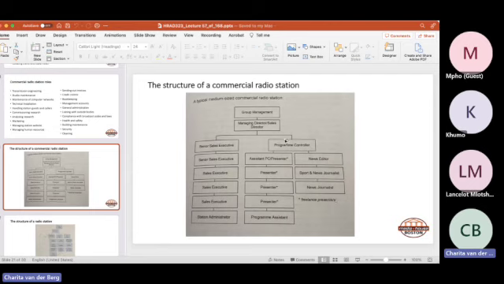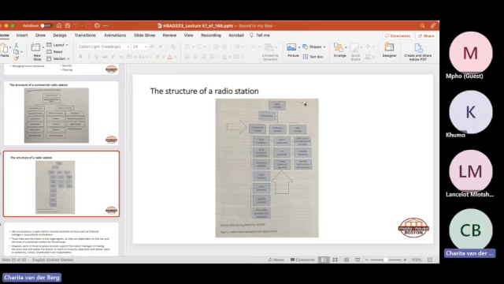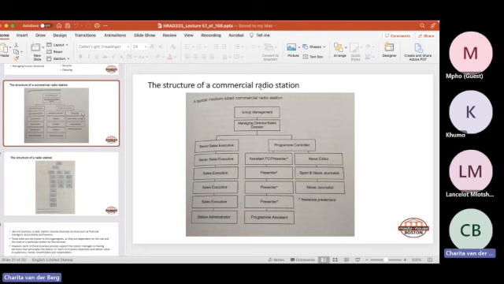So it's a little bit different to the commercial radio station in South Africa, which has a station manager. Then it has a sales and revenue manager, but we also have a marketing manager, and then we have our program manager. A little bit different setup. So this is the South African version. This is in the UK: group management, managing director, program controller, sales executive going down.